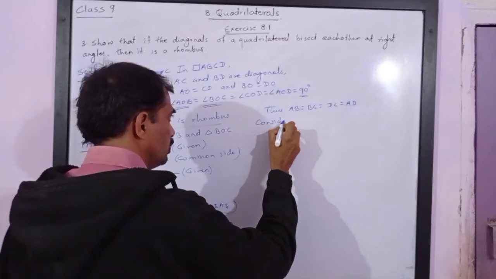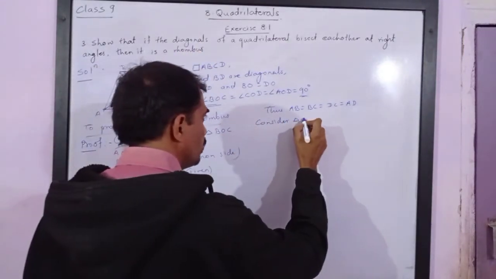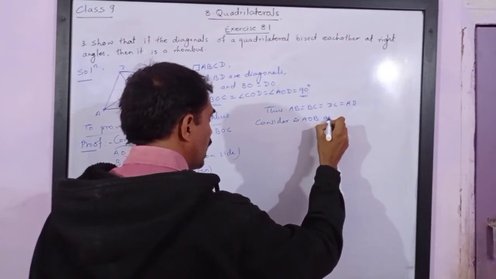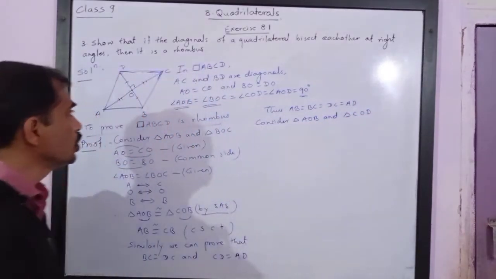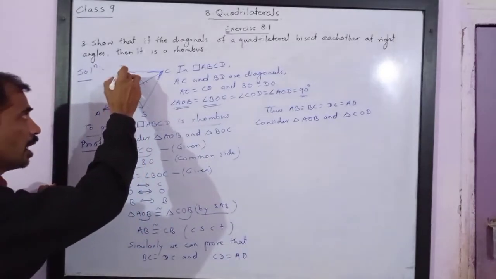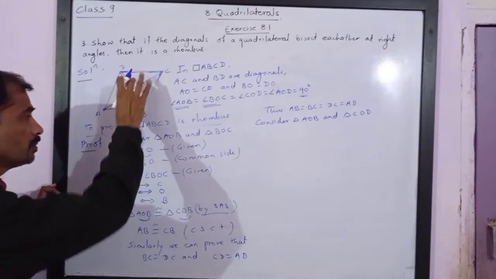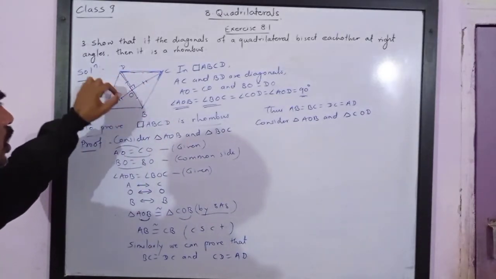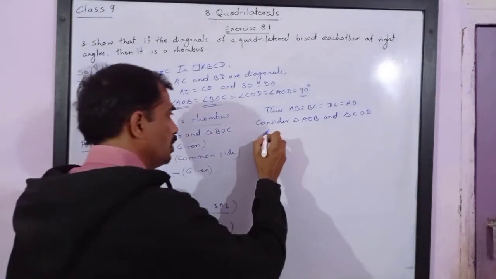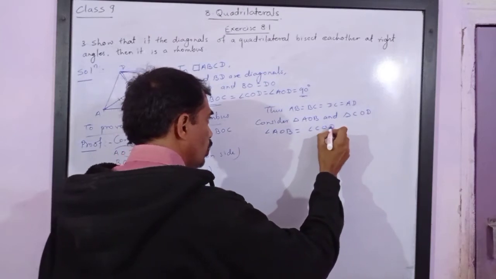Consider triangle AOB and triangle COD. Please watch carefully, we are considering opposite triangles. In triangle AOB and COD, angle AOB equals angle COD.